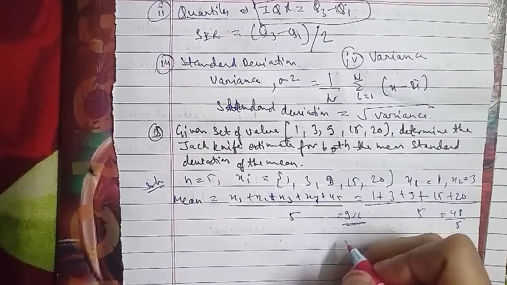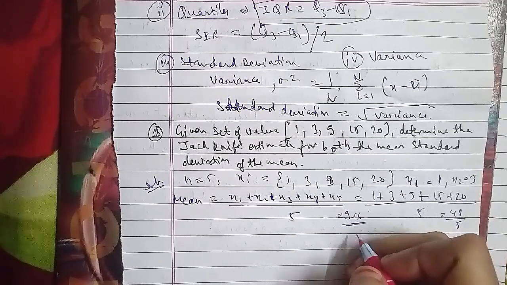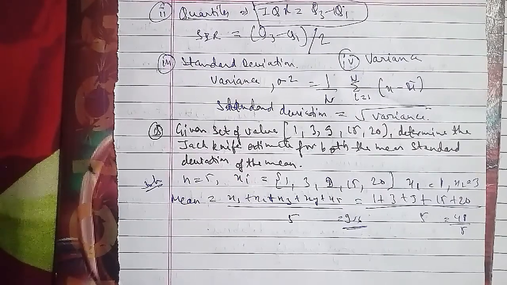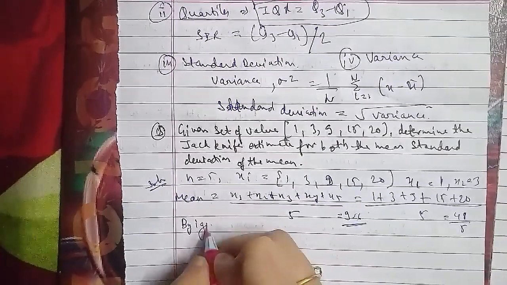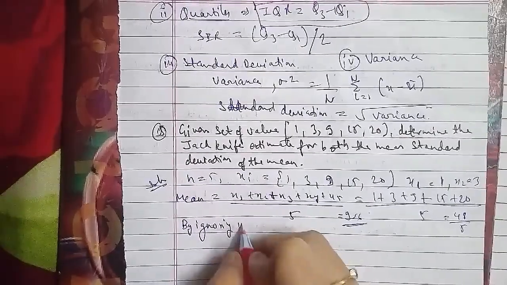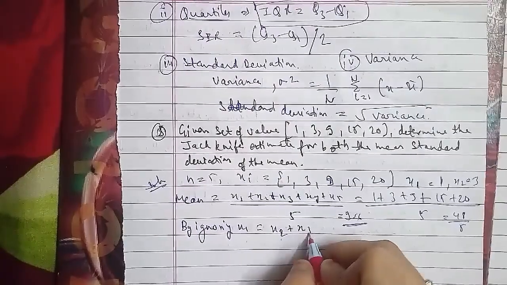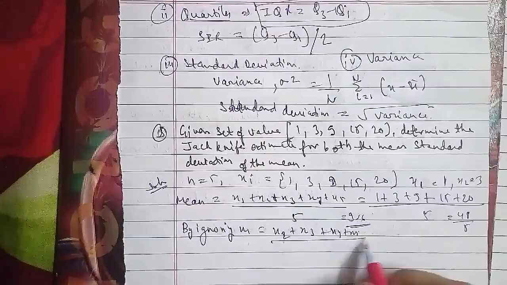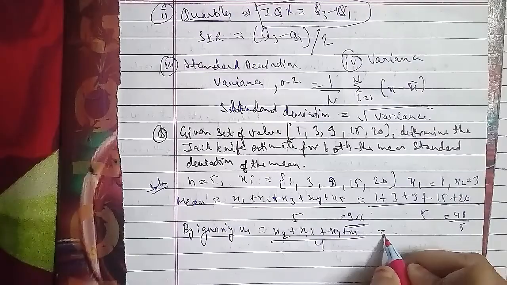For the next one, we ignore x2 and include x1, so (x1 plus x3 plus x4 plus x5) upon 4. Putting the values, (1 plus 9 plus 15 plus 20) upon 4, which is 45 by 4, and we get 11.25.